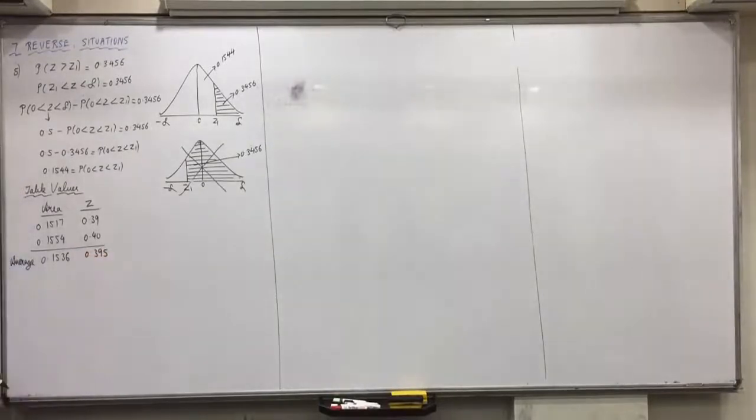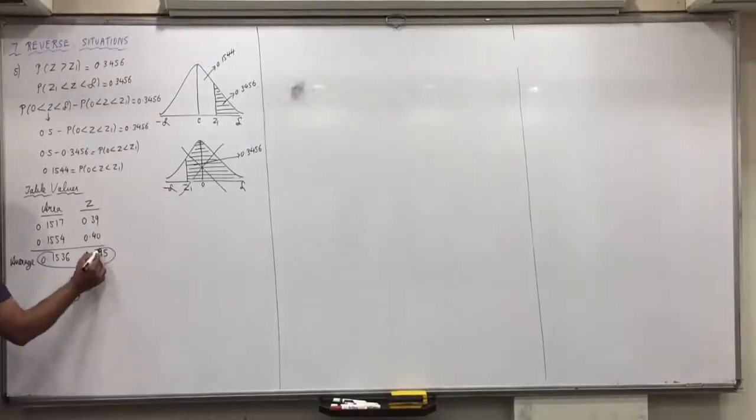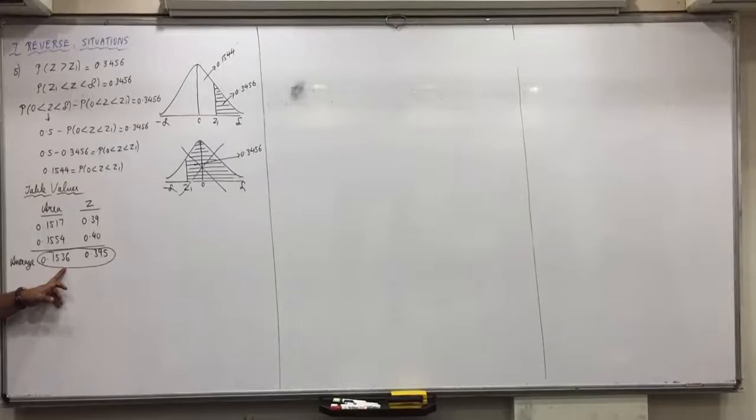Now, which of the three is nearest to 0.1544? 0.1536 is at a difference of 8 from 0.1544, and 0.1554 is at a difference of 10 from 0.1544, so the nearest is 0.1536. Got it, everyone? As I said, the majority of times you'll find that the last average is nearest.